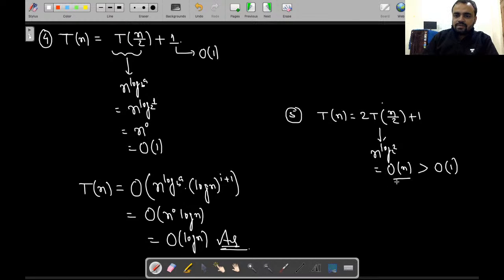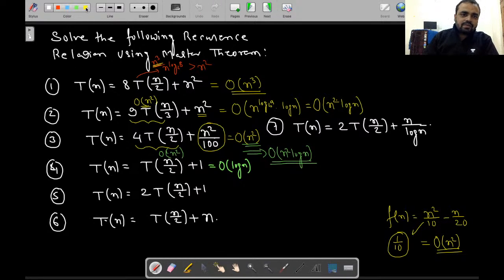So the complexity will be dominated over here. So finally T of n will become order of n. Got it? Here this part is greater than this, because this part is deriving n to the power 0 and this part is deriving n. So complexity will be dominated over here and it will be order of n.